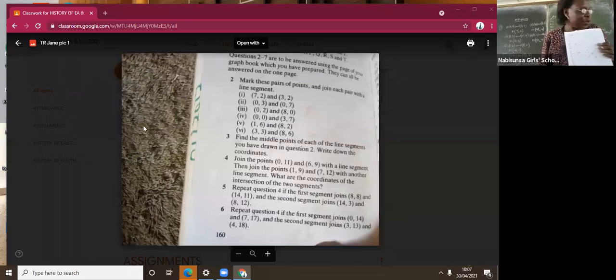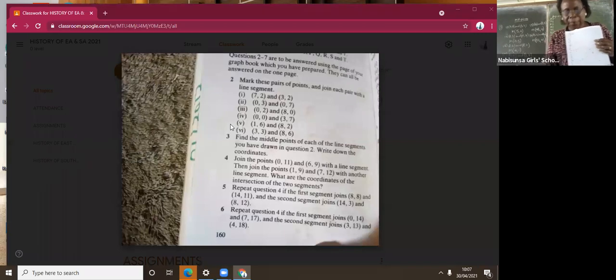Any of you do number 4, number 5, number 6? Let's try, because we're supposed to use 1 graph paper, but my chalkboard here is small.